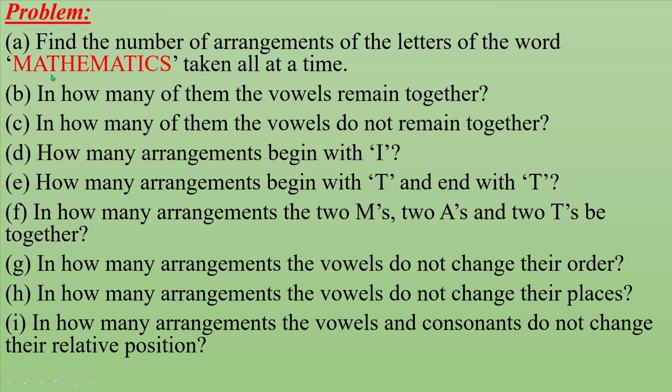Similarly, the consonants always keep their own places: first place, third, fourth, sixth, eighth, 10th, and 11th places. Okay, this is a relative position. That means they lie on their own positions.